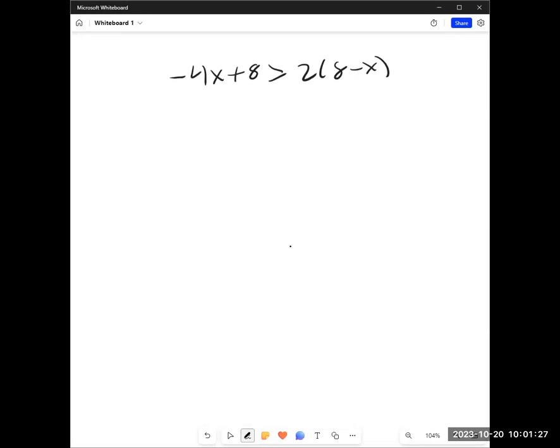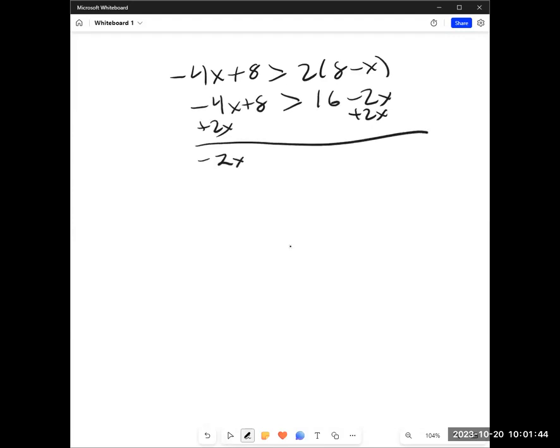So negative 4x plus 8 can be greater than 16 minus 2x. So we're going to add 2x to both sides. And then subtracting 8 from both sides.